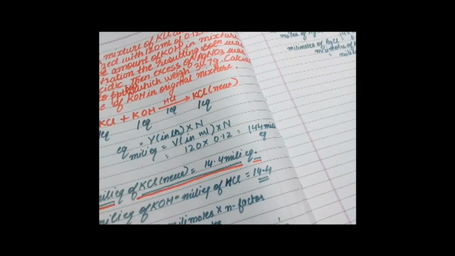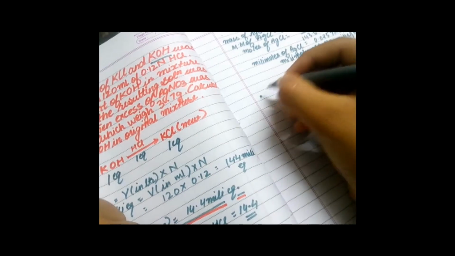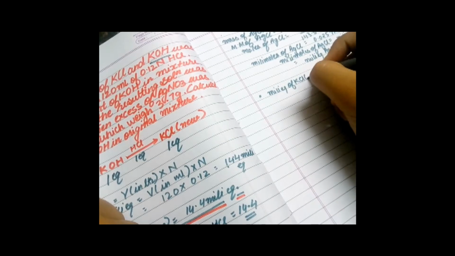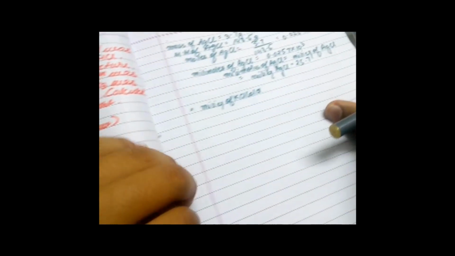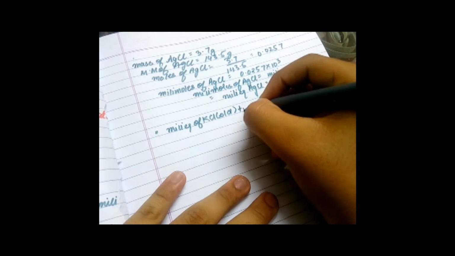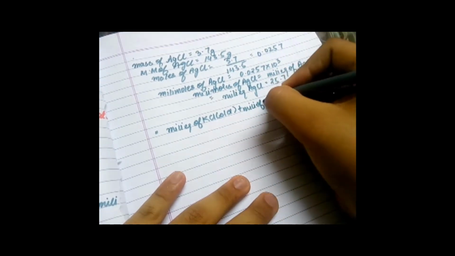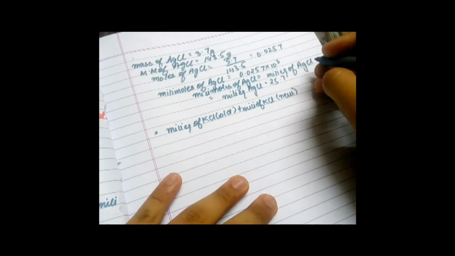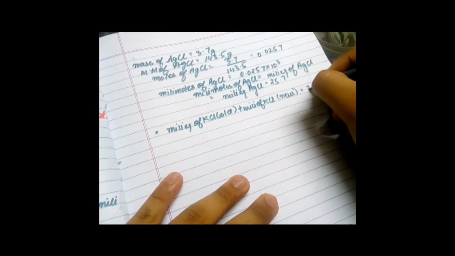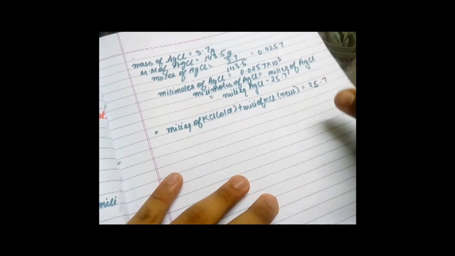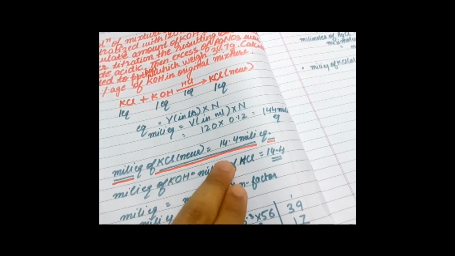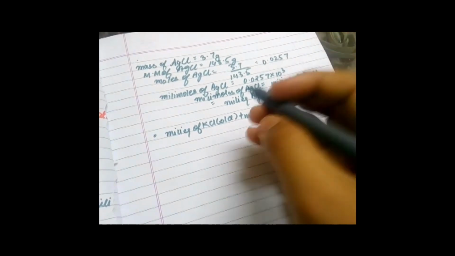So now from here we can write that milliequivalents of KCl old, of the KCl that was already in the reaction, plus milliequivalents of KCl new, which was formed after it reacted with HCl, is equal to 25.7. As I have told you that we'll be using this later in the question, the milliequivalent of KCl new is equal to 14.4. We'll be using it here to calculate the milliequivalents of KCl old.